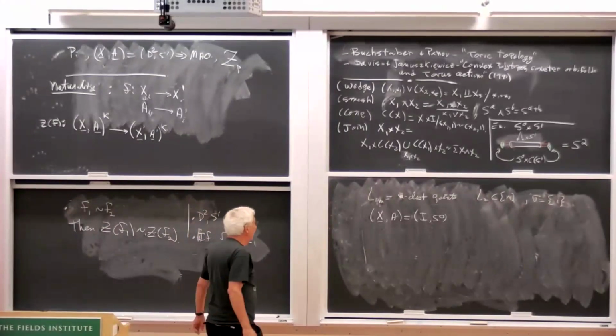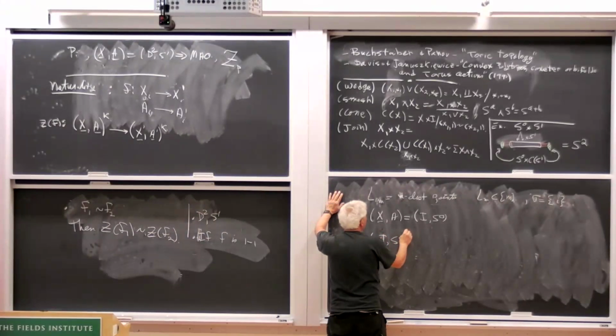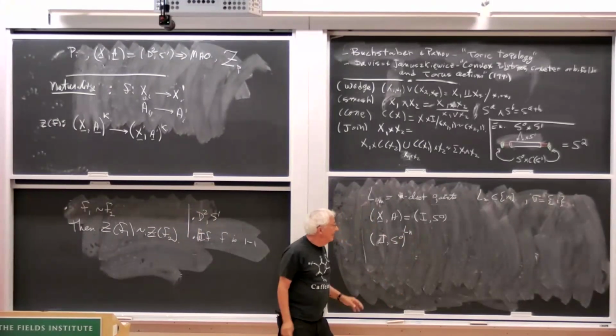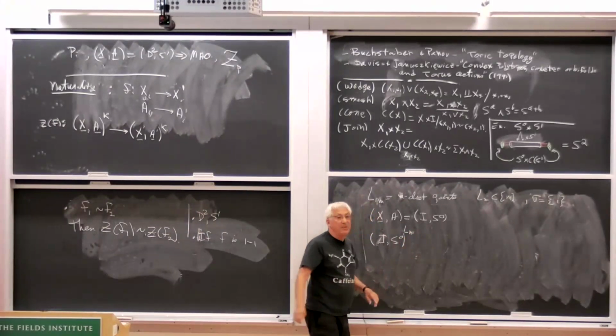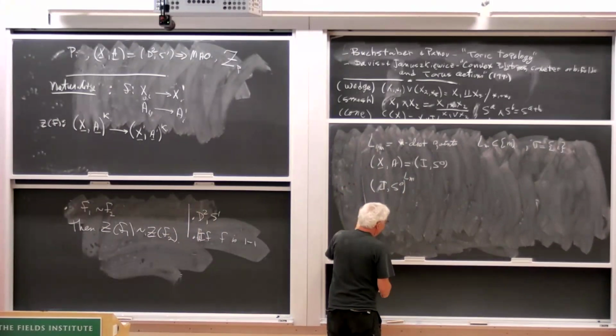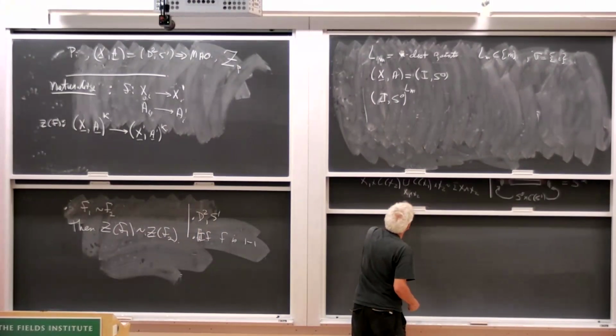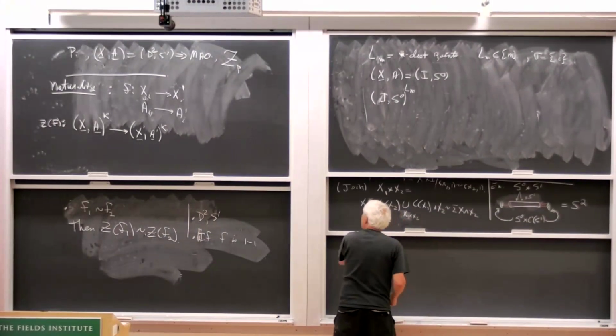I claim that the polyhedral product, which I'll write (I, S^0)^{L_m}, is something interesting. Let me start to draw a picture of why it's interesting.